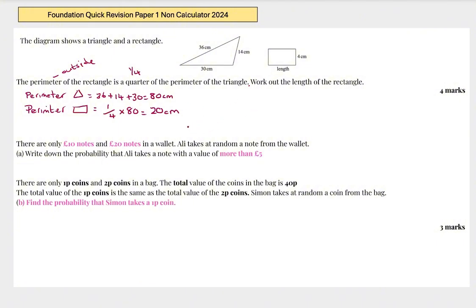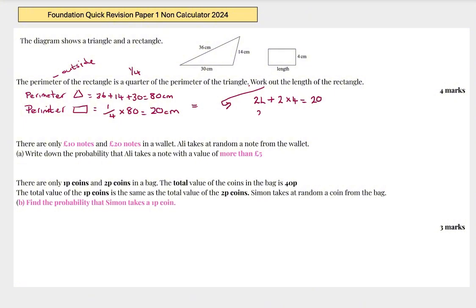And then finally we can answer it because we've got all the bits of information that we need. So to work out the length of the rectangle, there's 2 lengths, so I'm going to put 2L plus, we've got 2 4s, so 2 times 4, and it equals 20.